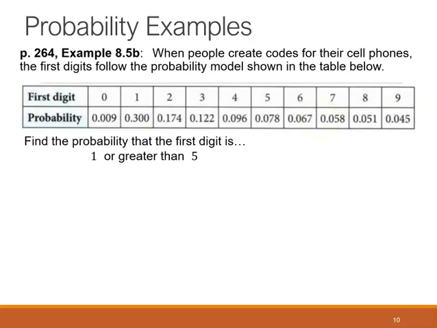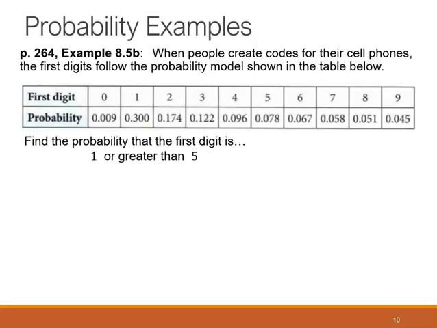How about if I ask for the probability that the first digit is a 1 or greater than 5? Remember, this was event A and B from before. Are these two events mutually exclusive? Yes, right? Event A has just 1. Event B is 6, 7, 8, and 9.